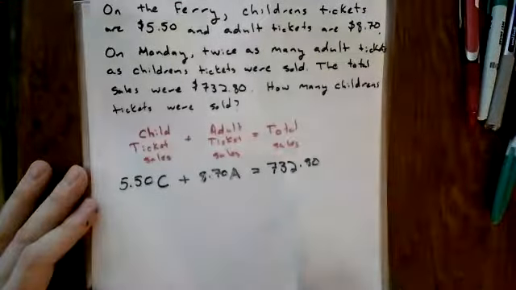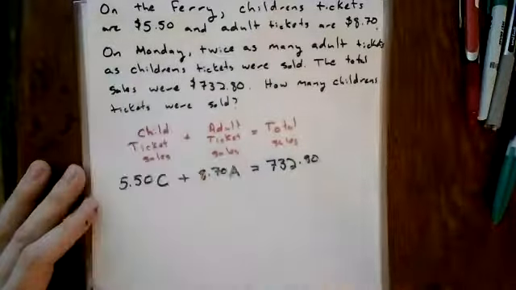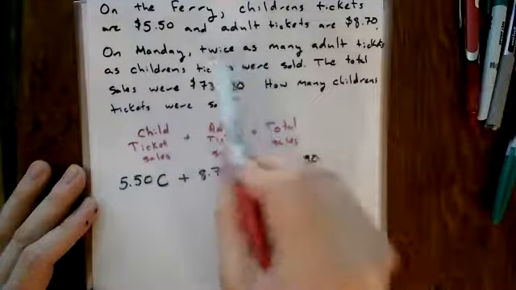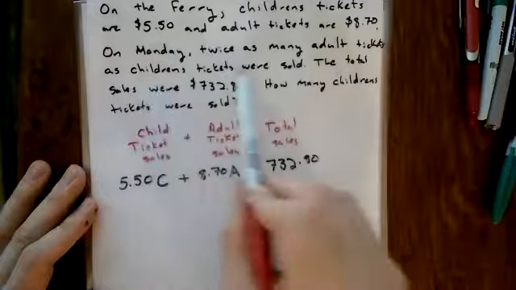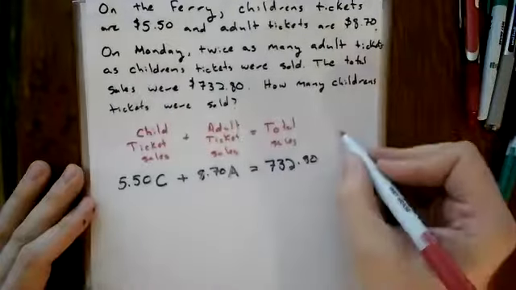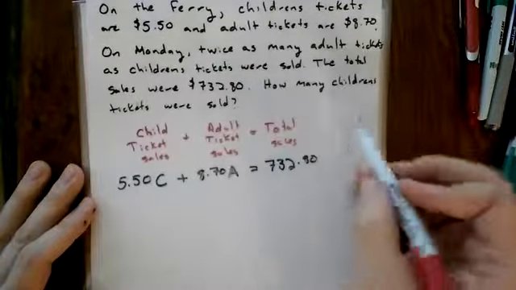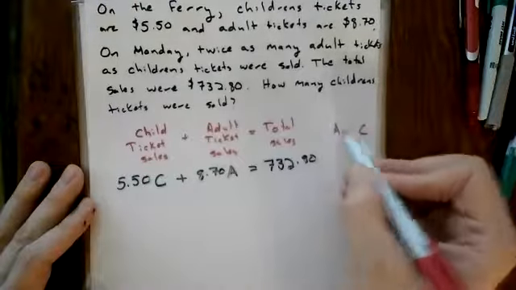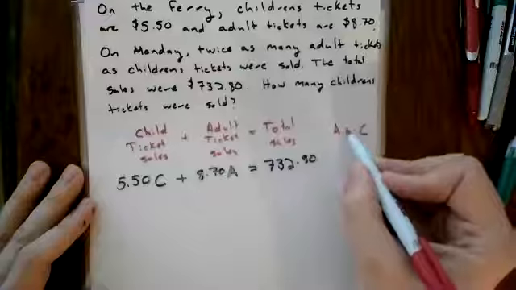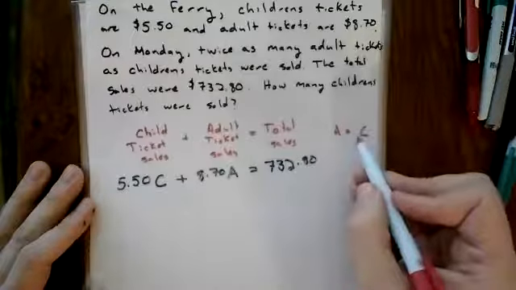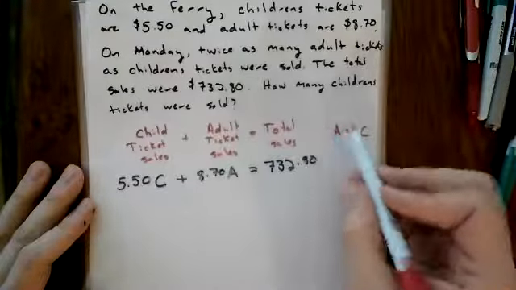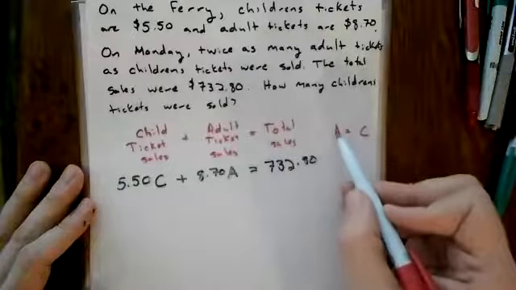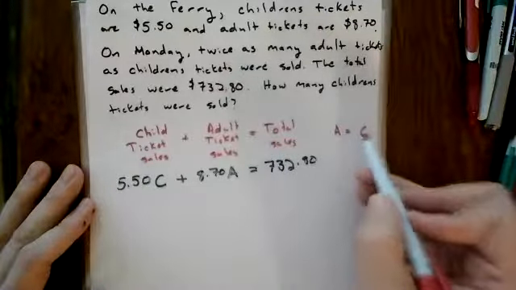Now I'm going to take a look at this other piece of information. On Monday, twice as many adult tickets as children's tickets were sold. If I put a 2 in front of that A, that would mean if I sold one adult ticket, I'd sell two children's tickets.